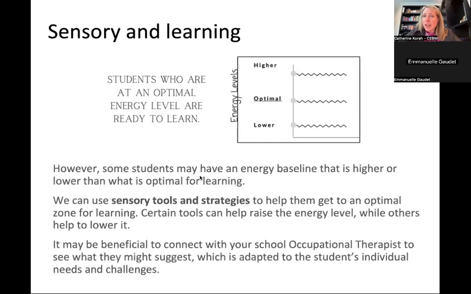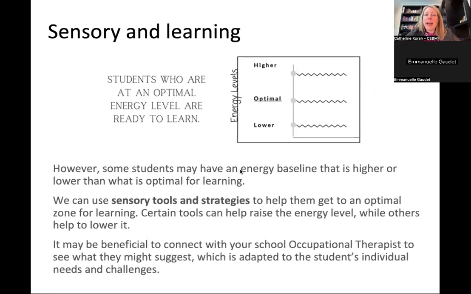The other thing we need to know is that there are differences in terms of sensory and learning for our neurodiverse population. Students who are at an optimal energy level are ready to learn. But if they are not in that optimal place, whether under or over it, they get dysregulated and cannot manage to put focus on learning.